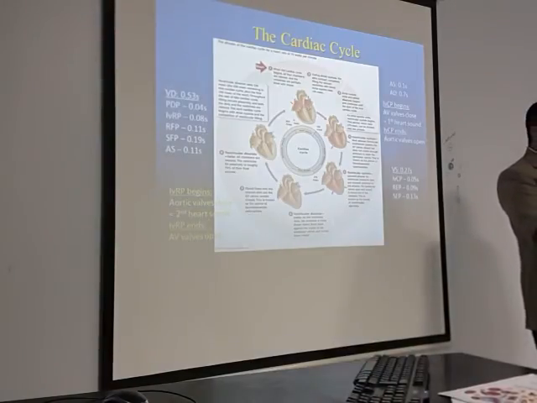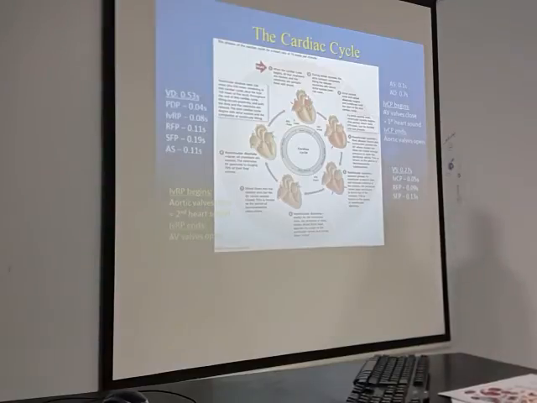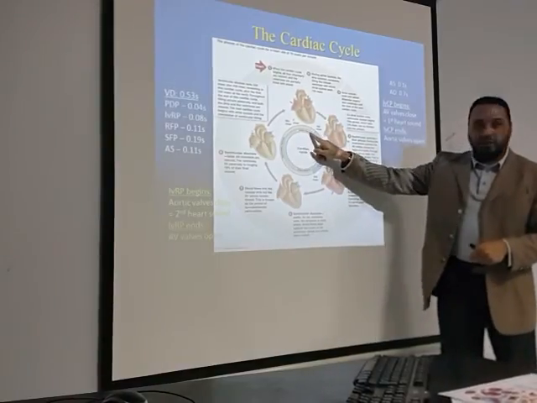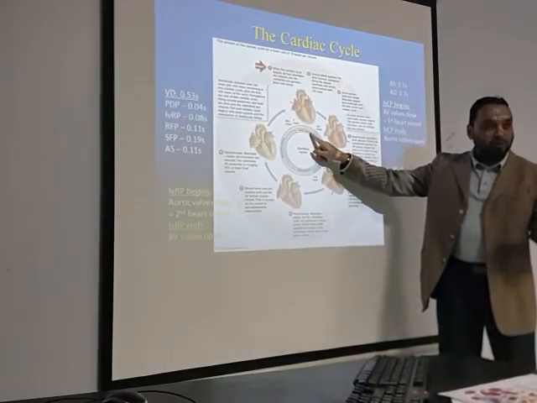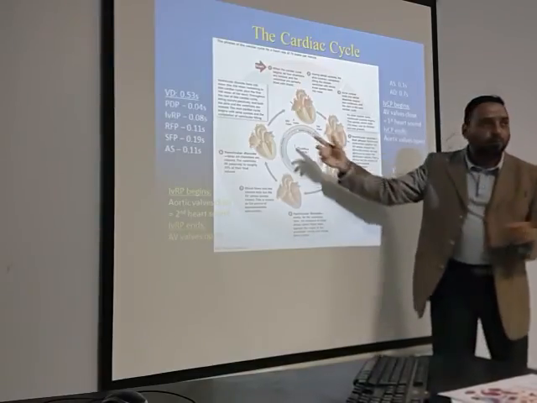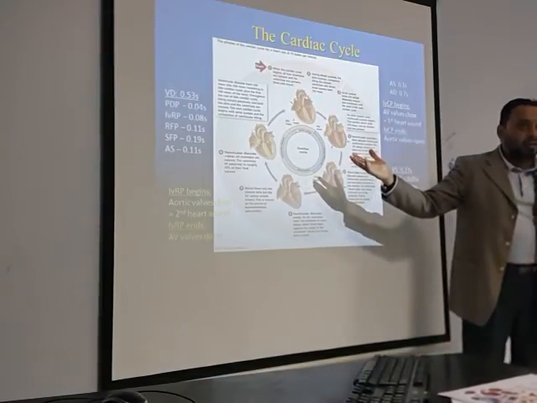The ventricles are still not completely filled with blood. If you see here, this is atrial systole, 0.1 second, and the whole of this particular color is 0.7 second. That is atrial diastole.